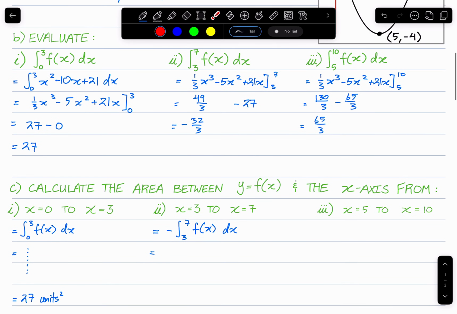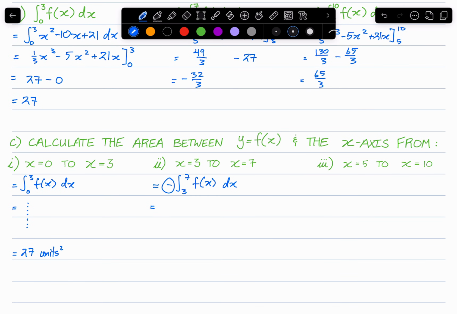However, since we already know that the definite integral from 3 to 7 is negative 32 on 3, this negative now becomes negative negative 32 on 3, which will give us positive 32 on 3. And this is in units squared.